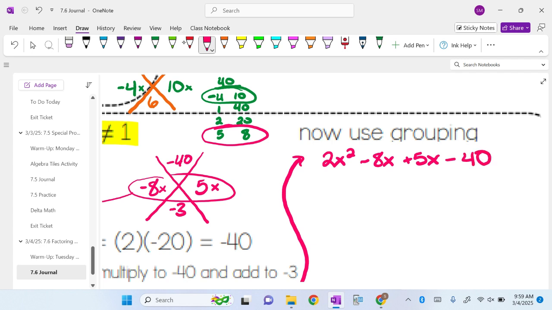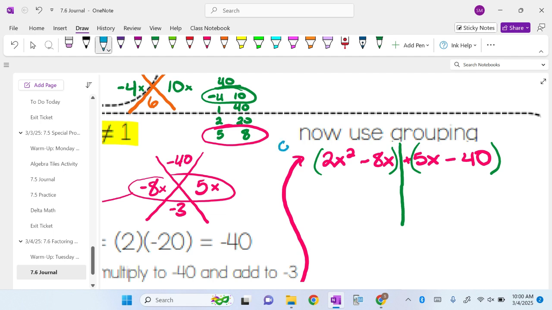Remember, your first step with grouping is you split the first two terms and the last two terms into two groups. So your first two terms are a group, your last two terms are a group. From there, it's a big GCF problem.